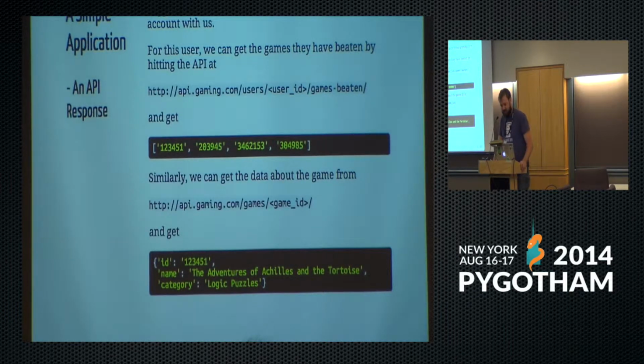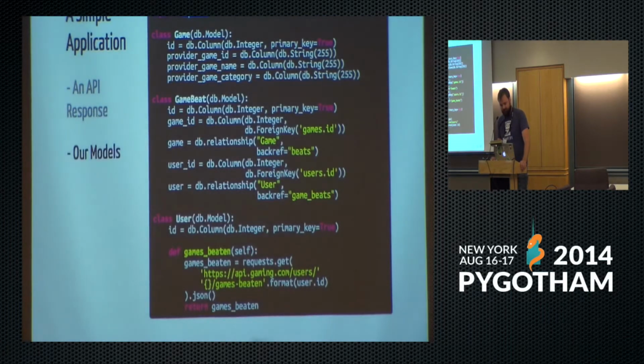So there's some APIs. We have this gaming.com, and they have a couple of routes relevant to our application on their API. One gives us the IDs of the games that a user has beaten, and the other gives us relevant data about a game, where we can just ping it and get the name, the category, stuff like that.